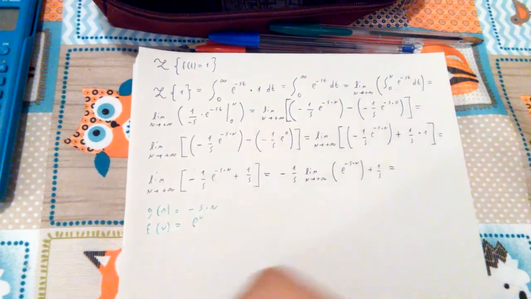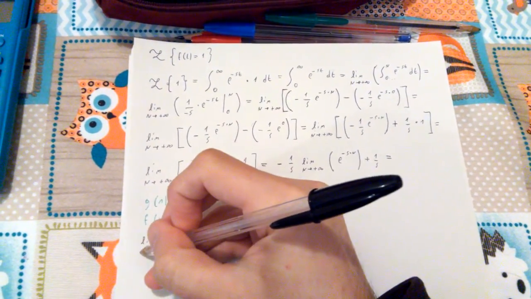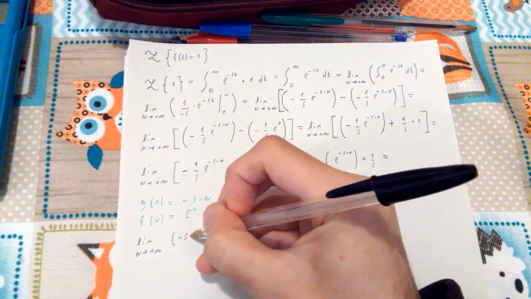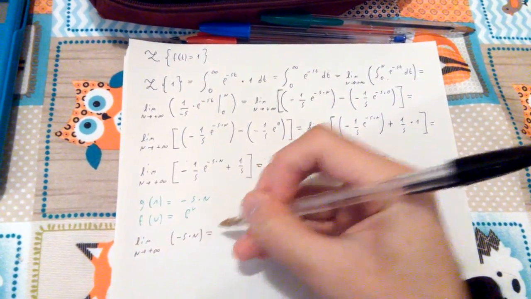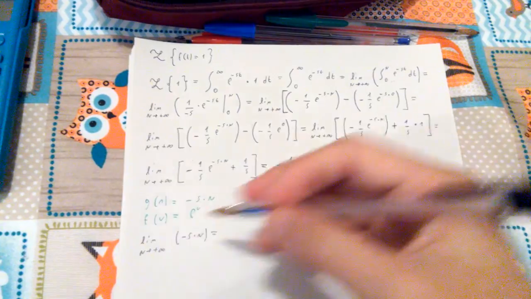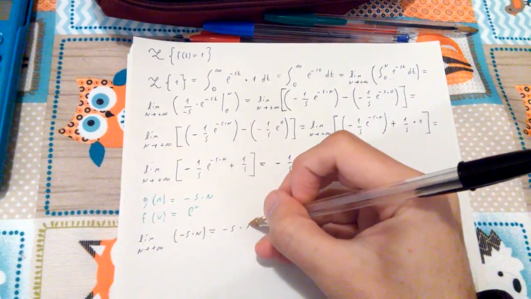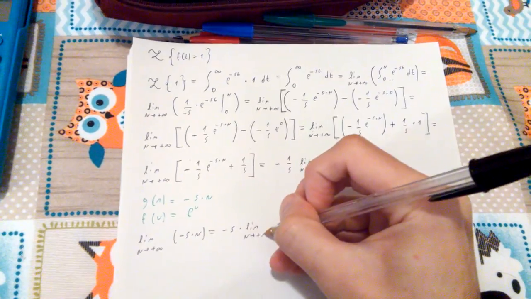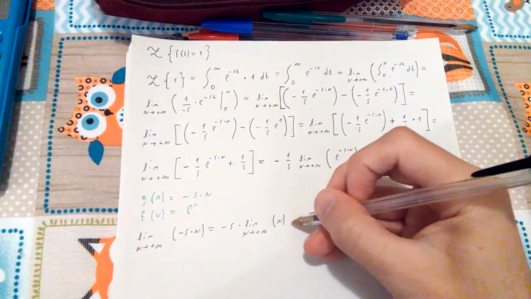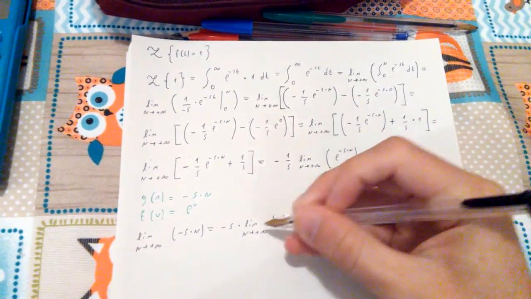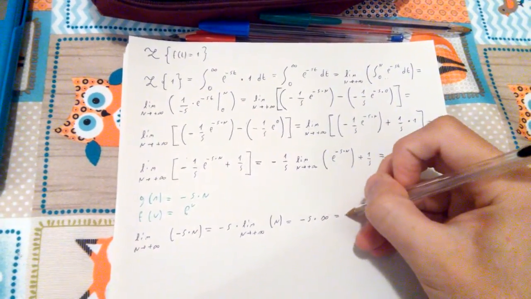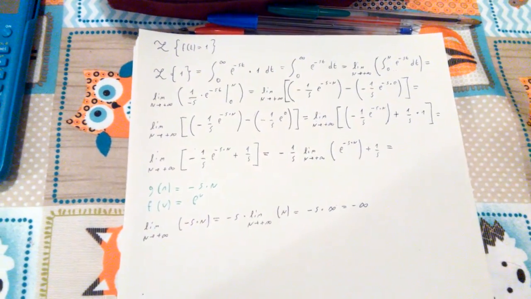Now, in this case, the limit as n approaches positive infinity of negative s times n, we can do the same thing as a multiplication, so negative s times the limit as n approaches positive infinity of n, which is just negative s times positive infinity, which becomes negative infinity.